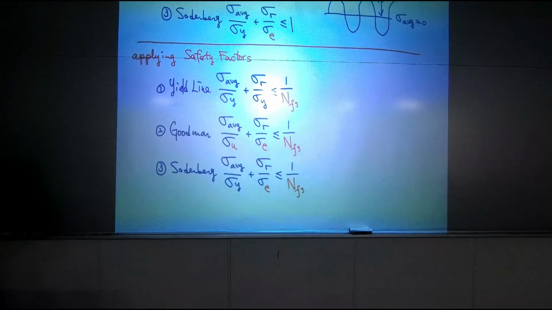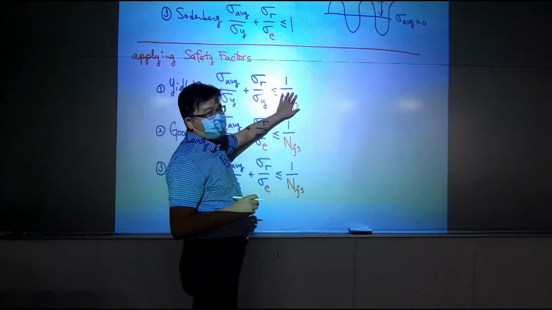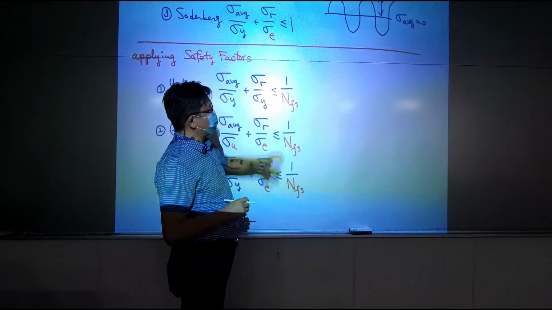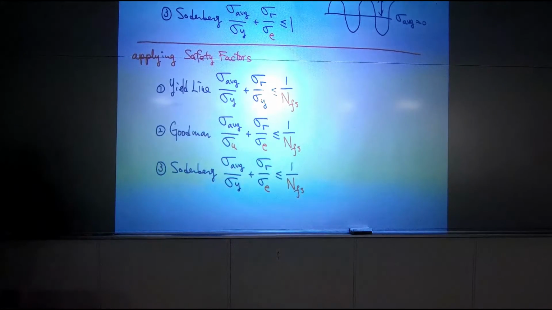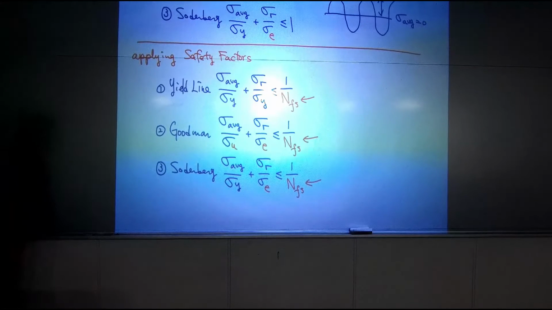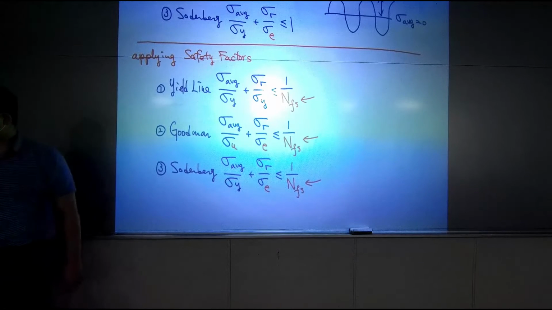We put our safety factor at the bottom of your right-hand side. That's how you apply safety factors. Okay? For all models, they are the same. So what does that mean if you apply a safety factor?